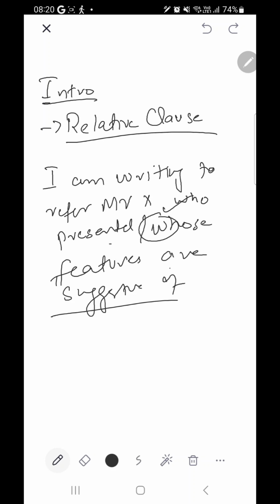Now, the second thing in the introduction is the appositive. What is an appositive? An appositive is a noun or noun phrase placed after another noun that will describe the quality of the noun.